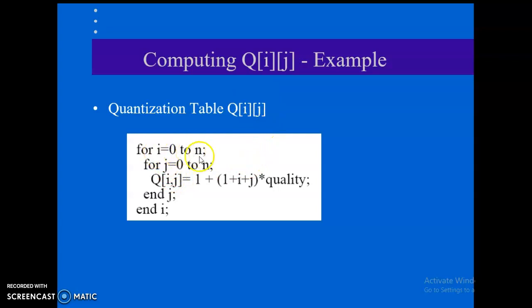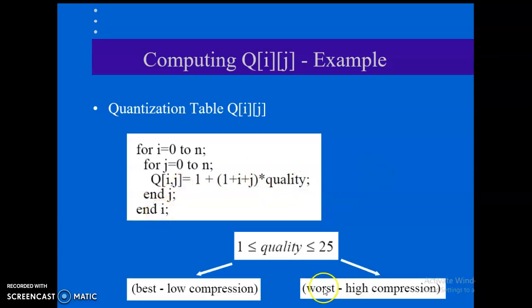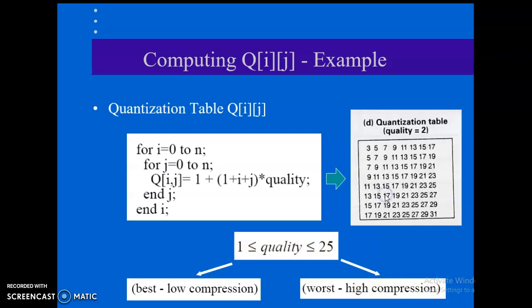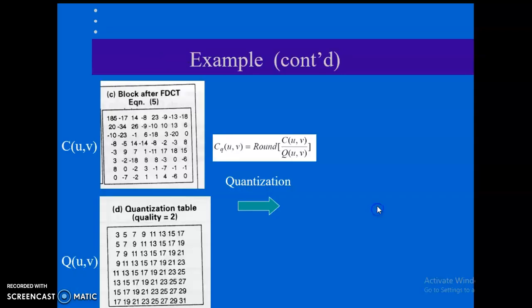For i equal to 0 to n, for j equal to 0 to n, Q of i, j equals 1 plus (i plus j) times quality. 1 is less than or equal to quality, which is less than or equal to 25; 1 is best, low compression, 25 is worst, high compression. Quantization table with quality equal to 2.